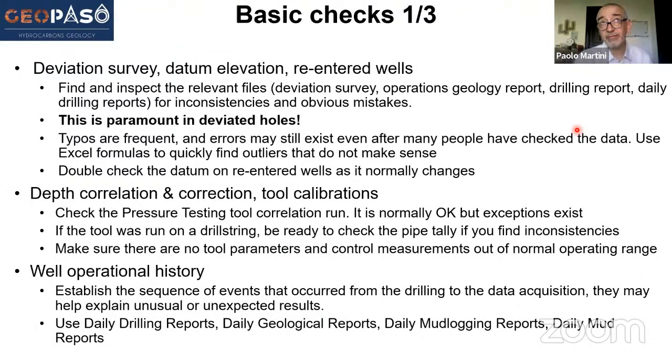And also the after calibrations, if any, to make sure that nothing bad happened during the job that may have compromised one or more of the pressure points that were acquired during the job. I also like, when it's possible, to look at the operational history of the well. So look at anything that happened between the time when the formation was drilled to when the pressure data was acquired.